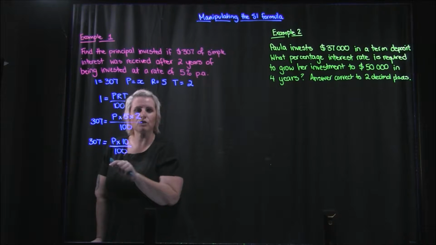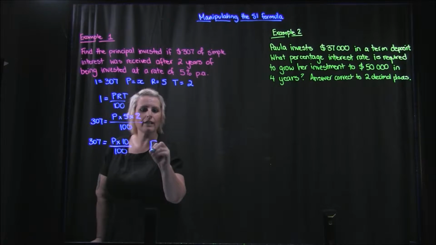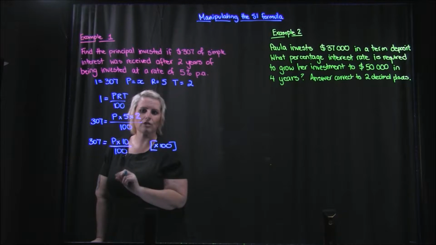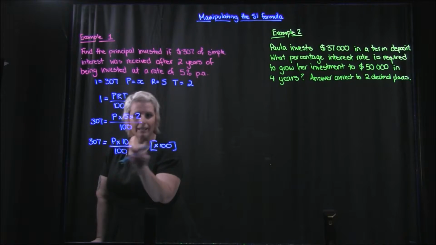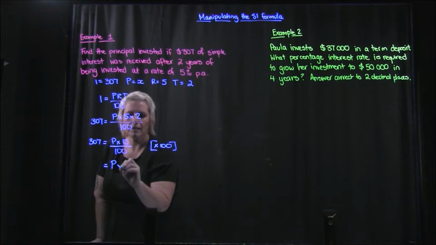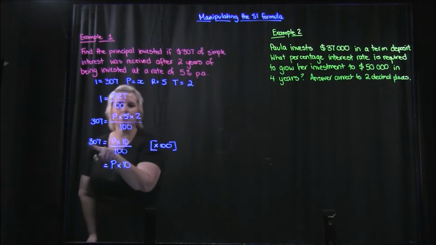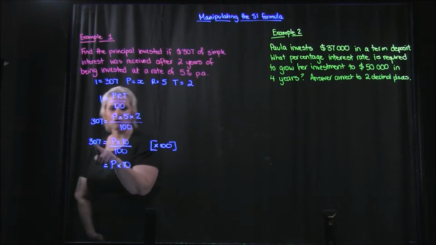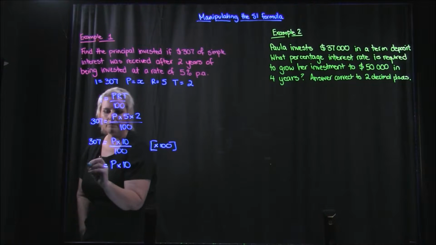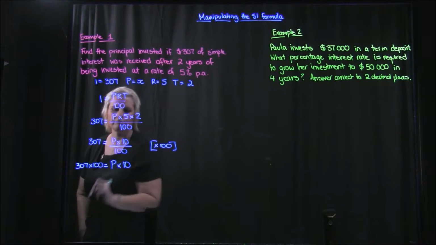So dividing by 100 is the last thing I did. I need to times by 100 on both sides. If I divide by 100 then multiply by 100, it cancels that out. So it gets rid of that. So on this side, it'll stay P times 10. But if I times by 100 on both sides, that means that over here, this is going to be 307 times 100.